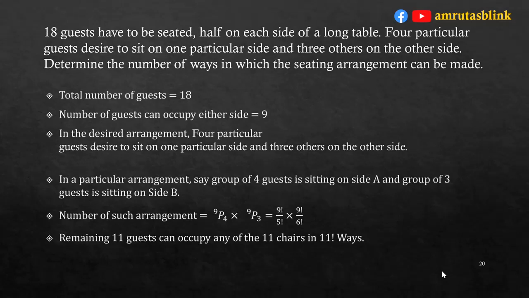Now out of 18, let's say 7 guests have occupied their places. So remaining 11 guests can occupy the remaining 11 chairs in 11 factorial ways. Hence total number of arrangements will be 11 factorial into 9 factorial upon 5 factorial into 9 factorial upon 6 factorial.